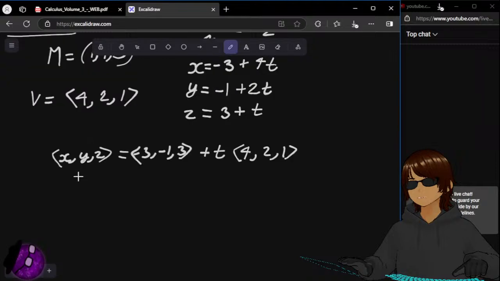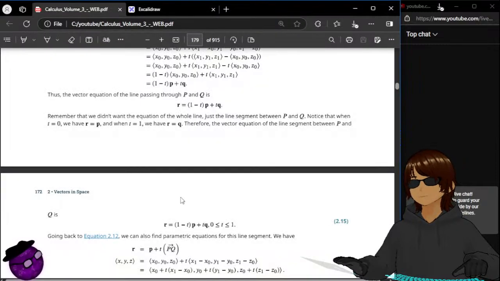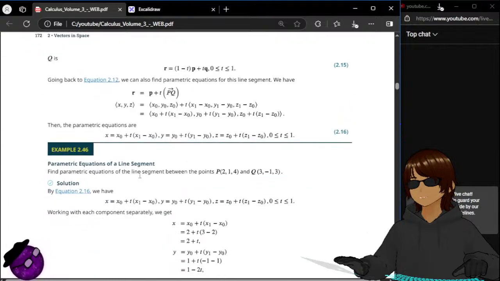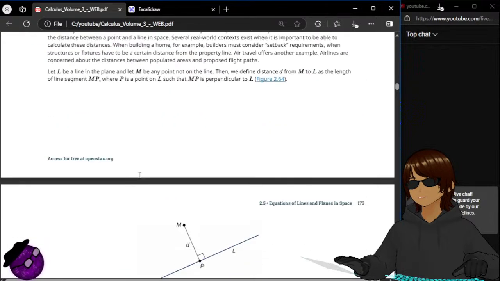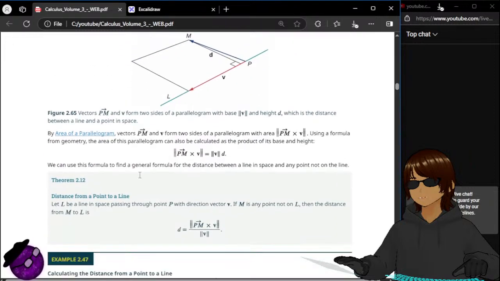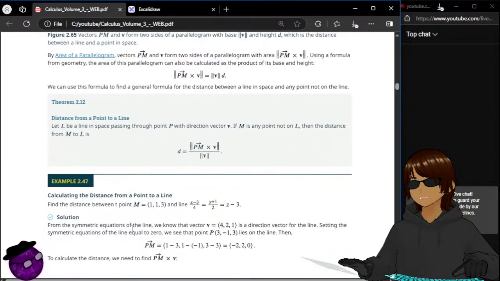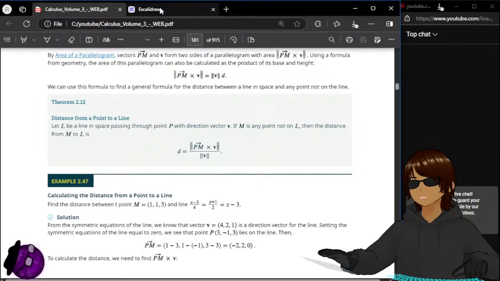Okay, so let's see. We have point M. Do we choose a point at random? Is that what they're doing here? Setting the symmetric equations of the line equal to 0, we see that point P lies on the line.